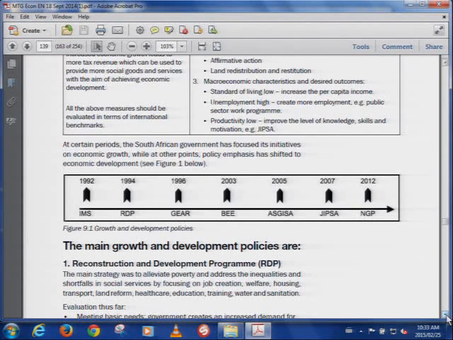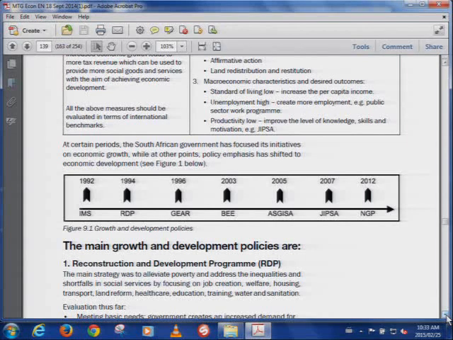In 1996, another policy came into effect, known as GEAR, the Growth, Employment and Redistribution Strategy. And in 2003, Black Economic Empowerment came.